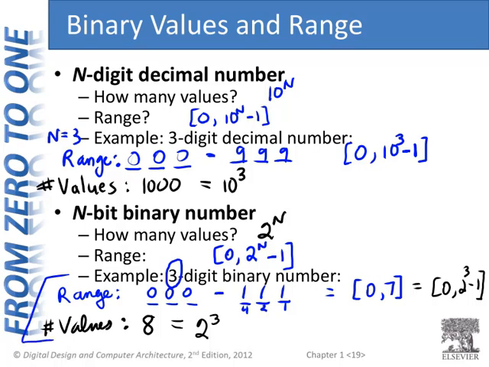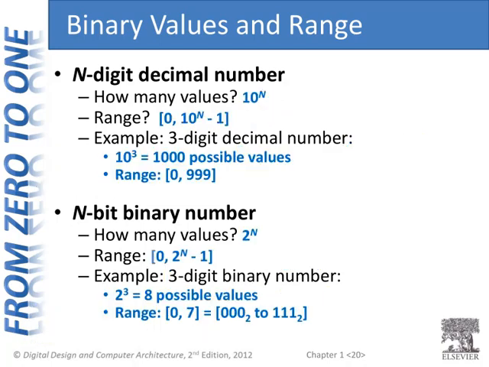So while you can memorize these ranges, it's always good to be able to fall back on doing a simple example to verify that you didn't forget to write the minus 1, you didn't put the minus 1 up in the exponent, you didn't do any number of possible errors there. You can do a quick example to verify that the equation that you wrote was correct.